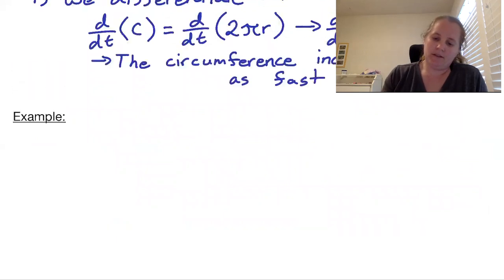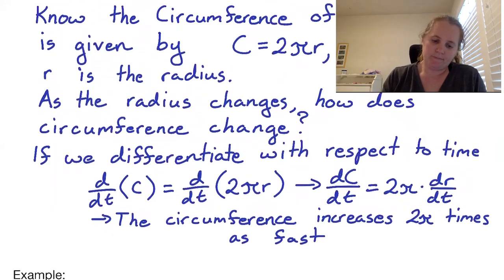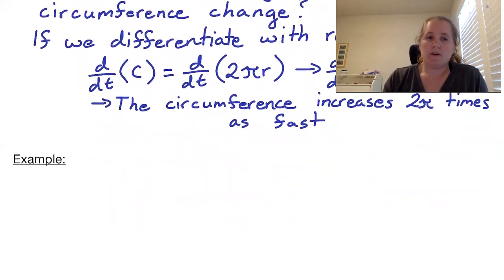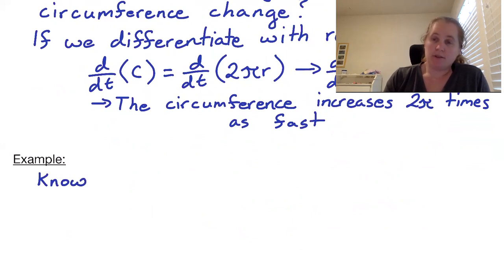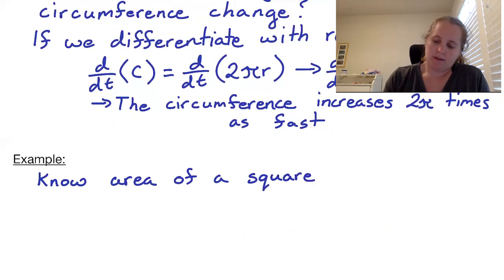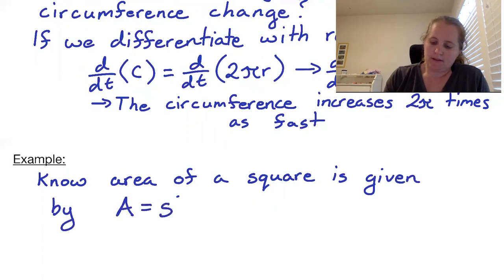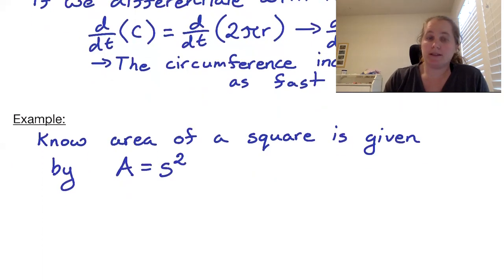So for another example, we know the area of a square is given by A equals S squared, again where S is the side length.